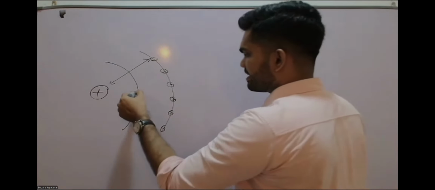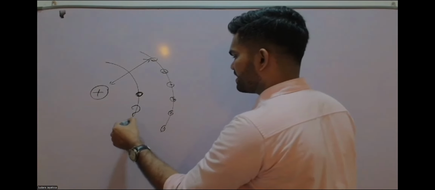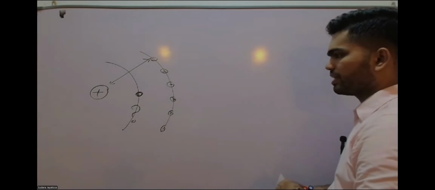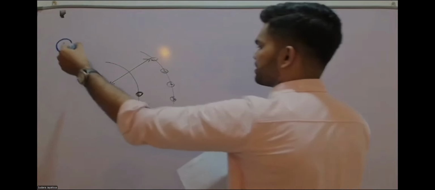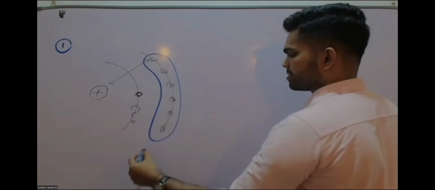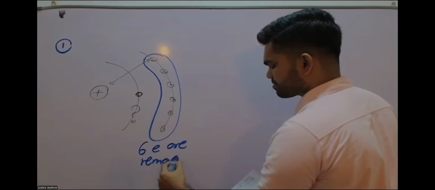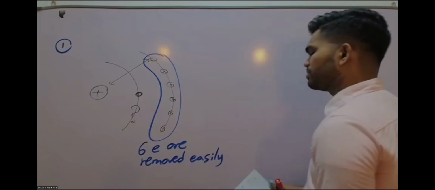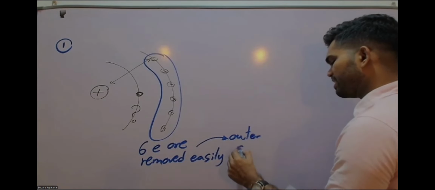But this inner electron, there may be many electrons, we don't know that yet, but that inner electron removal has become difficult. So this is the summary for the first MCQ. You can write 6 electrons are removed easily, therefore those electrons are in the outer energy level.